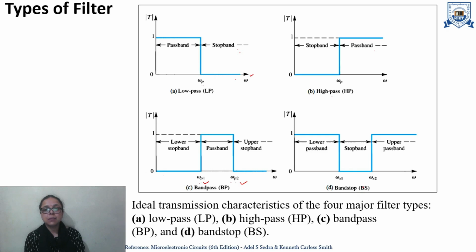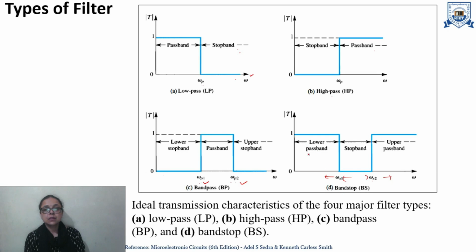Another is the band stop filter. Band stop filter means it stops a particular range of frequencies starting from omega s1 to omega s2. This range of frequencies will not be passed by the filter, it will be stopped by the filter, and below this range the frequencies will be passed, and above it also the frequencies will be passed.